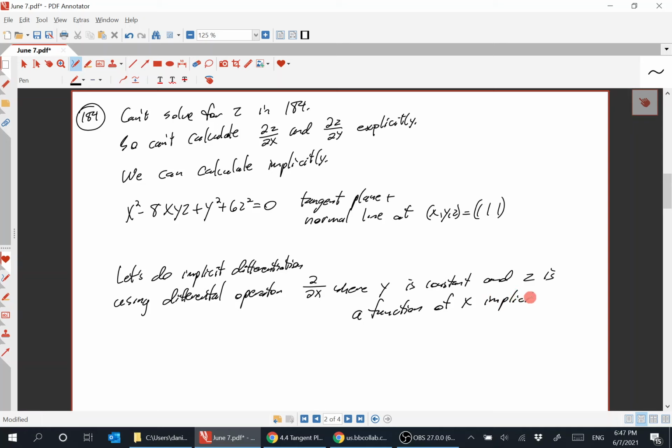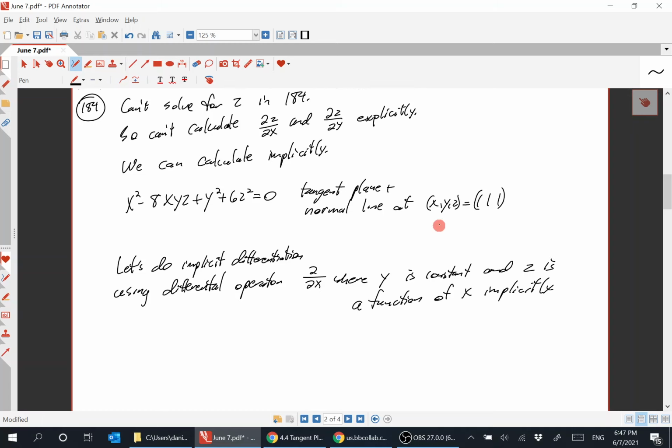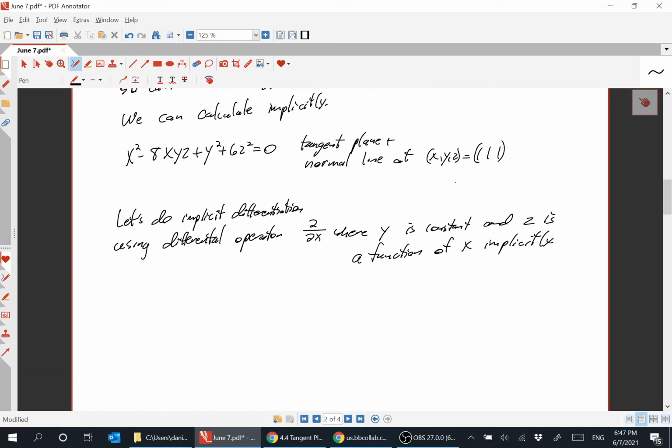So this is just like how implicit differentiation is done in Calc 1. It's just you have this third letter here. So we're going to do implicit differentiation with respect to x, but y is a constant when we're applying the differential operator partial with respect to x to both sides of this equation.